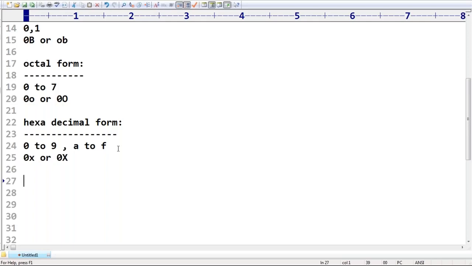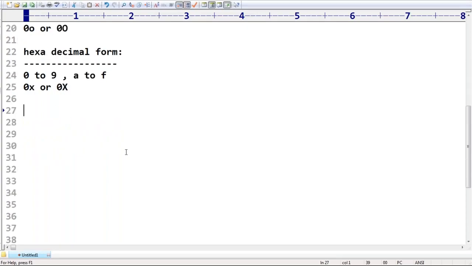Now, what is the next thing I have to discuss? Being a programmer, you can specify decimal, octal, binary, or hexadecimal form. But Python always provides the value in decimal form only.